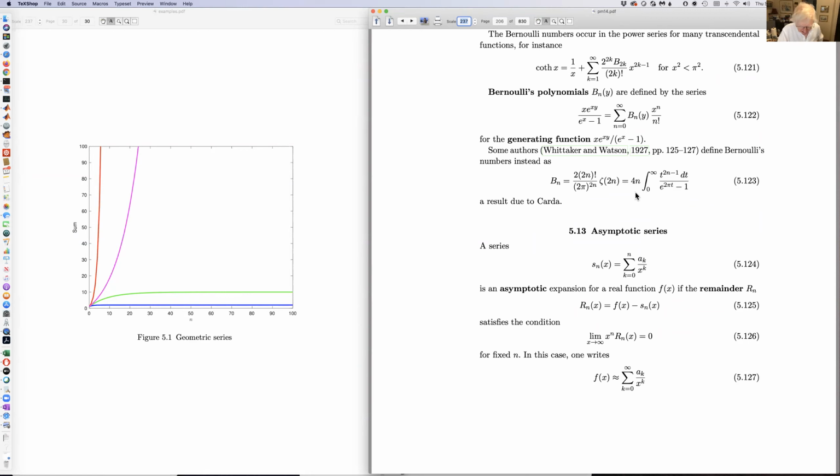By the way, the NIST, which used to be the National Bureau of Standards and now is the National Institute of Science and Technology, I think, has a nice website that has a lot of useful stuff about mathematical physics.